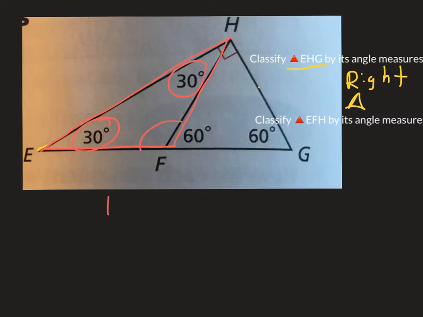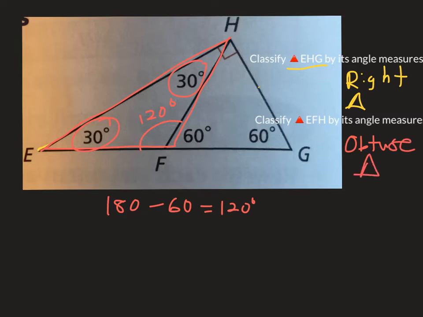And we know that because it is a triangle, the total angle measures 180. And if we subtract 30 plus 30, which is 60, we're going to get 120 degrees for this angle. So this is clearly greater than 90. So this would be an obtuse triangle. So there we have it. We've classified two triangles, and we'll ask you to do a few at the end of this lesson.